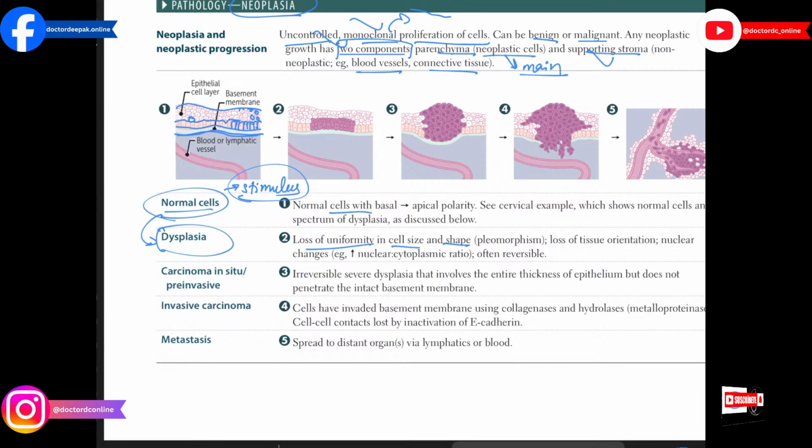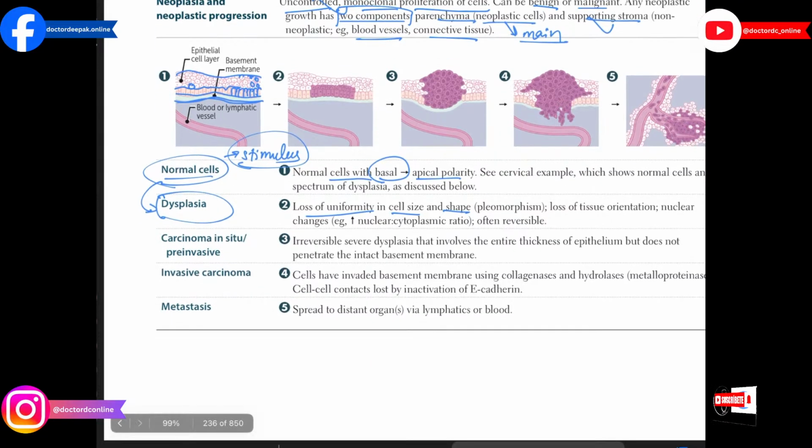A normal cell has a basement membrane, apical polarity, and a normal sequence, order, and discipline, and the book gives us an example showing the normal and dysplasia spectrum. Dysplasia is loss of uniformity. The uniformity you see in normal cells will be disintegrated and lost.